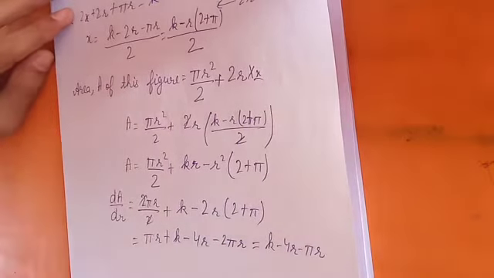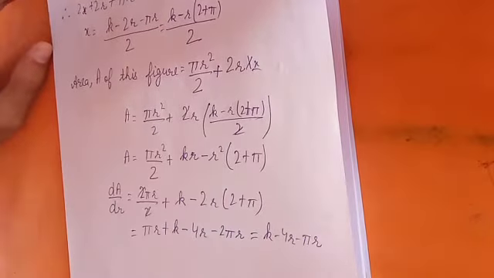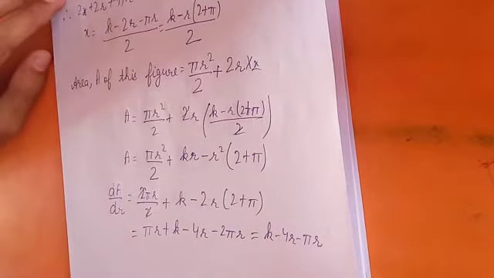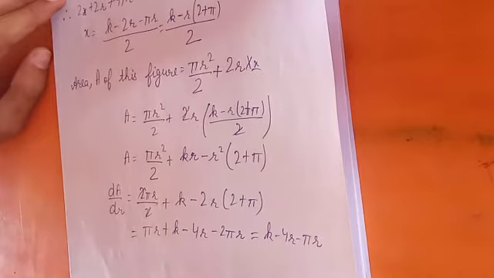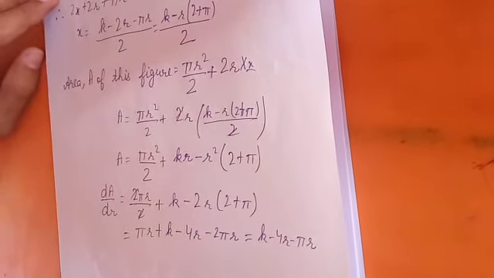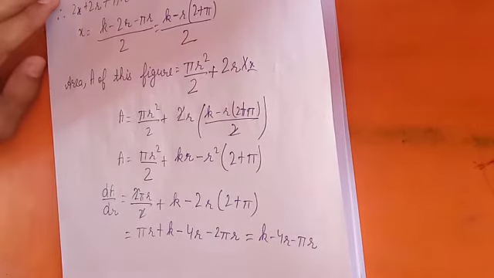From here we can find the value of r first. How will we find that? First of all, we put dA by dr as 0, meaning for extreme values our first derivative is 0.